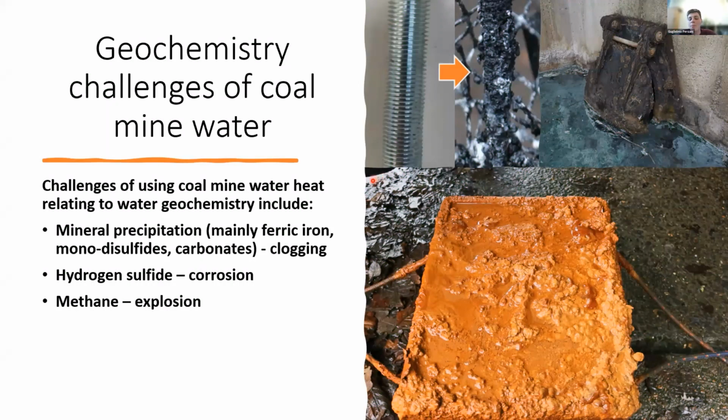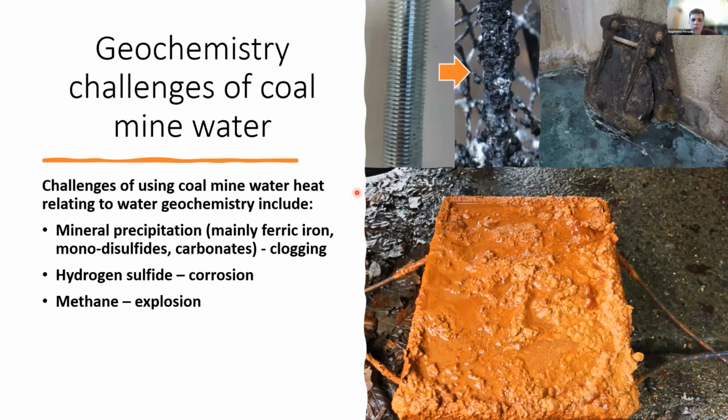For example, hydrogen sulfide, which is a very corrosive agent against metals, and methane, which poses a risk of explosion, and in general they interact with the heat and safety of the heat exchanger. It should be pointed out that in shallow aquifers, where we have anoxic conditions, methane and hydrogen sulfide are usually the product of microbial activity.